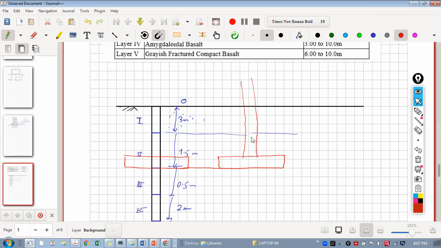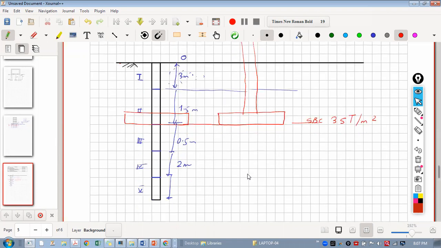Isolated footings, and the SBC at this level is 35 ton per meter square. Sometimes you may think it is their suggestion, but if you want to provide footing below this level, let's say instead of 4.5, I want to go till 5 level.